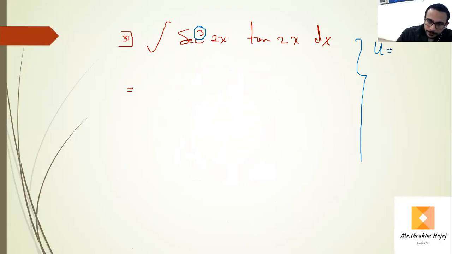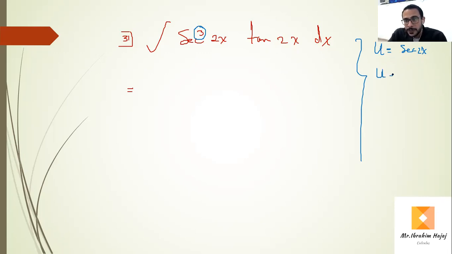Let u equal sec 2x, or let u be tan 2x and its derivative is sec squared.